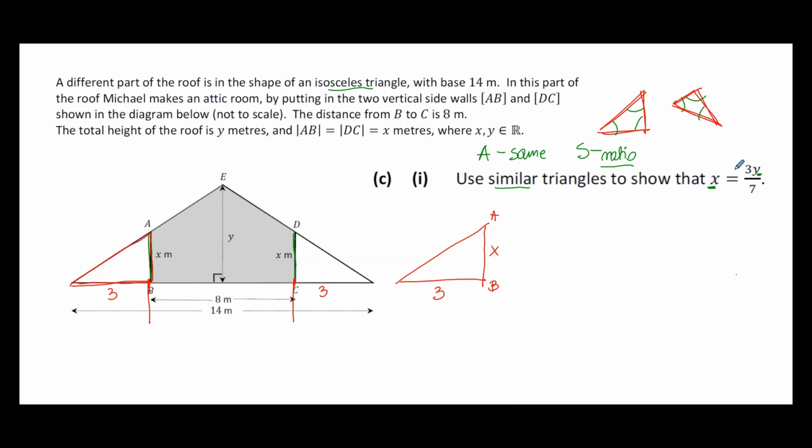That's great, but I still need y involved. And then the other bigger triangle that I can see is this one here. We can see that this length here is my y, and this length here will be what? Half of 14. So that will be 7.